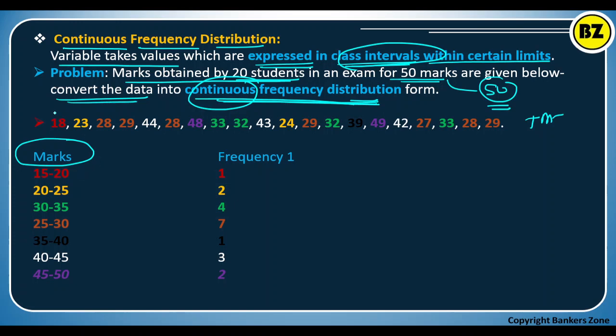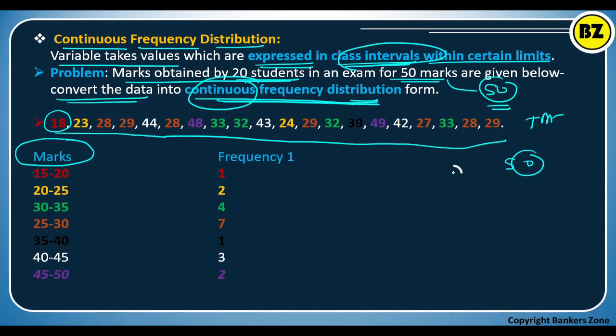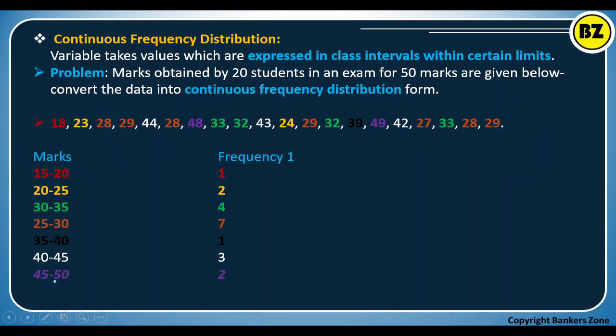First observe the marks: the maximum is 50 and the lowest I can observe is 18. So I can create the intervals: 15 to 20, 20 to 25, 25 to 30, 30 to 35, 35 to 40, 40 to 45, 45 to 50.